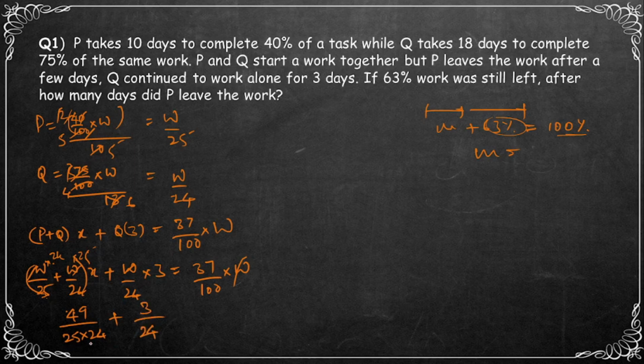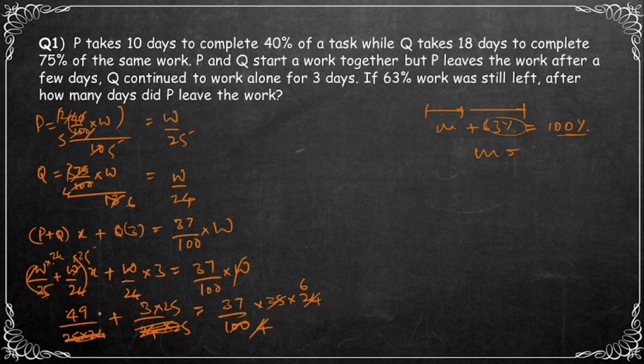If we want to make the denominator the same, we have to multiply by 25 in both numerator and denominator. So 37 divided by 100. Now this 24 into 25 is common, so you can write it like this. 25 into 4 is 100, 4 into 6 is 24.